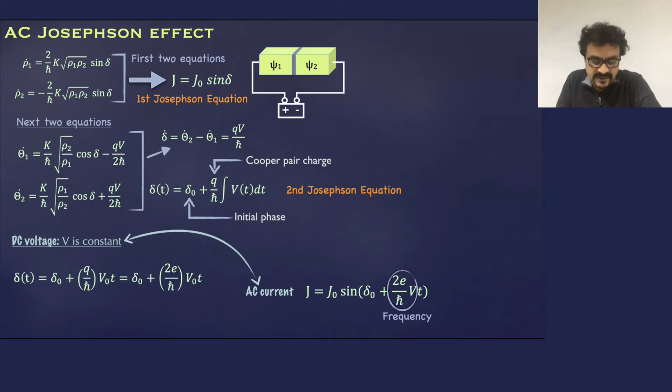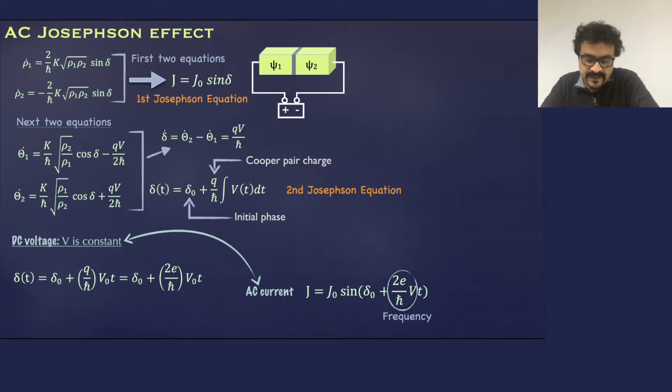And similarly for θ2, which is the rate of change of the phase on the ψ2 side, κ by ħ, where κ is a coupling constant, ρ1 and ρ2 are the densities, δ is the phase difference, and plus qV by 2ħ. So the voltage is symmetrically applied between the two sides. Half of the voltage is on the right side, half of the voltage is on the left side.